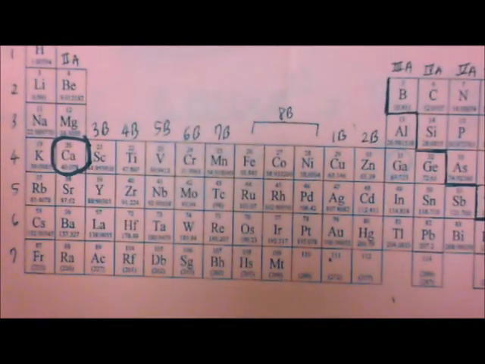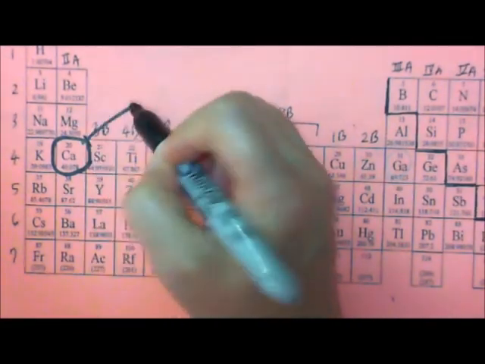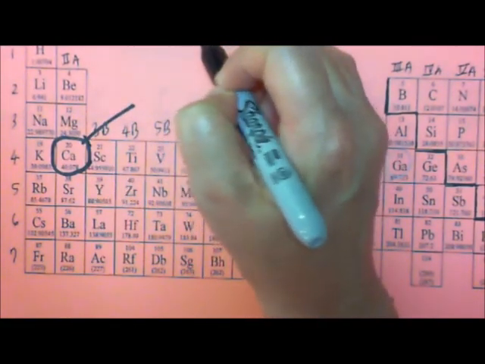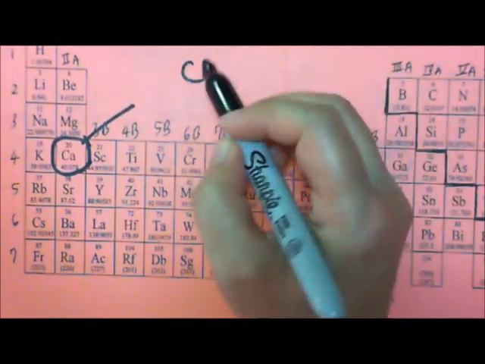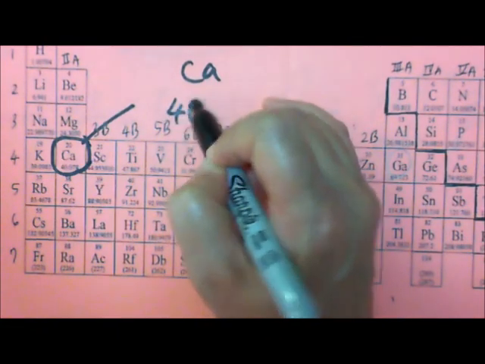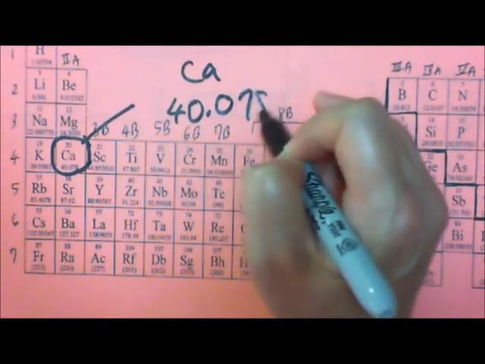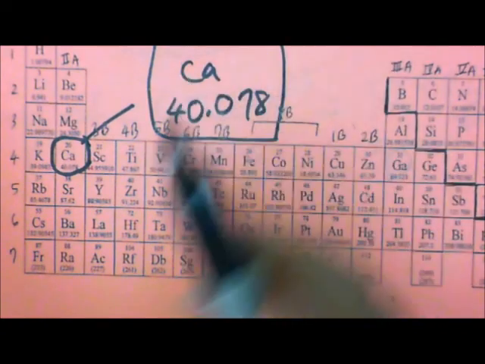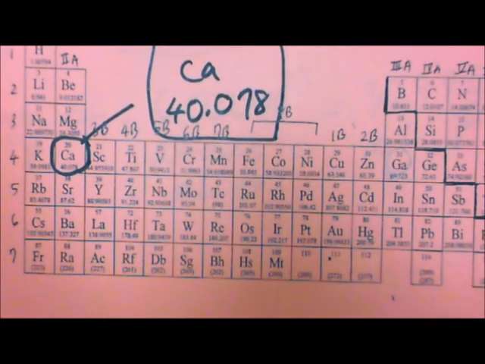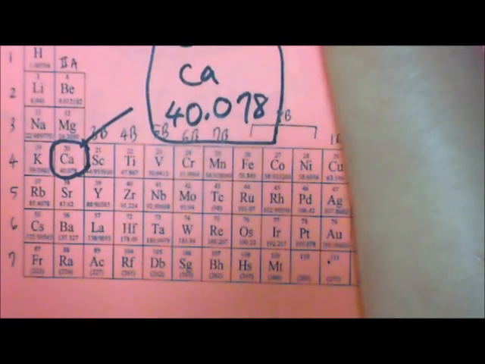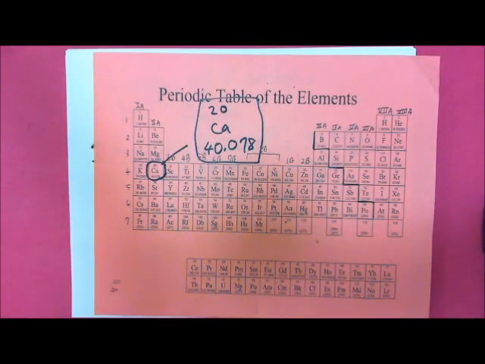So there's our calcium, and if I rewrite it, it is 20, and then calcium, and on the bottom it says 40.078. It's got a little box around it. So that's what our little box says inside the periodic table.